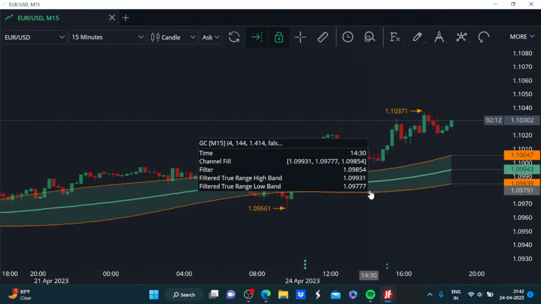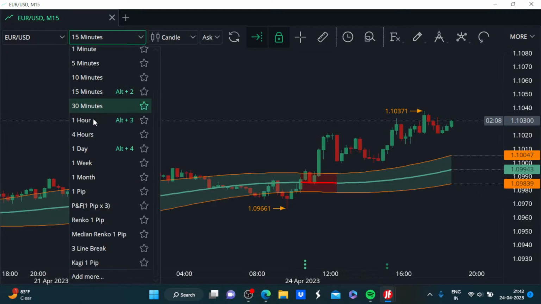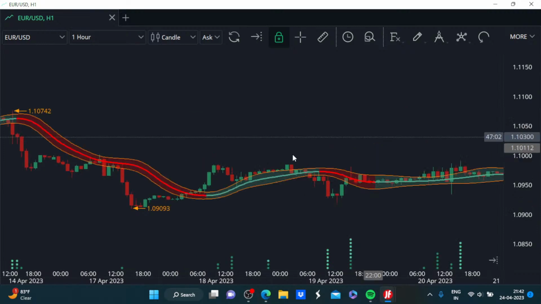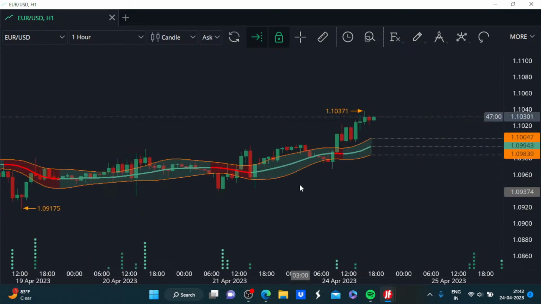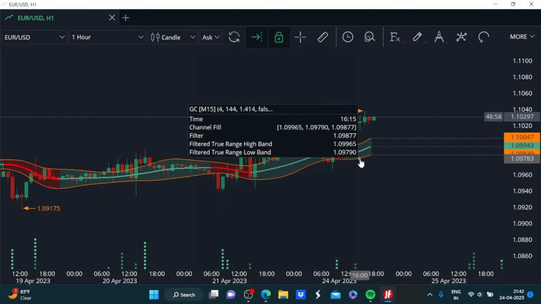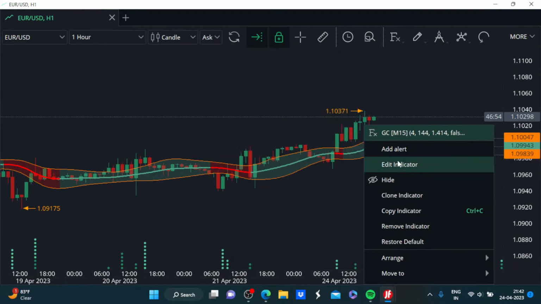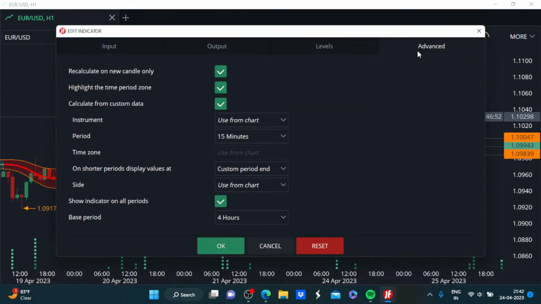Now as I am back on 15 minutes, here it is showing readily. Let me revert back to hourly and it should be plotted. Okay, all right, finally we got it, and here it has now been plotted as per our defined calculation candle period of 15 minutes.